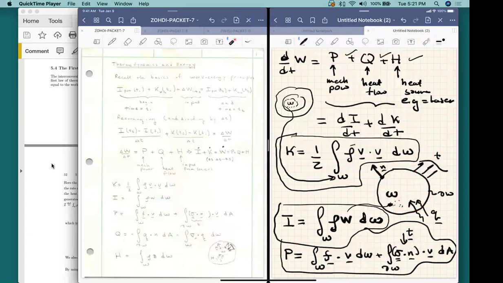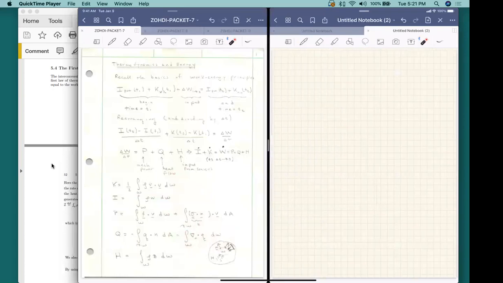Okay. Now, Q, as I've indicated before, is going to be equal to the heat flow in the system. So if I take the decomposition of that, Q is going to be equal to the flow through the boundary of my little control volume. The vector of heat flow is Q. I multiply it times its normal to get a direction.